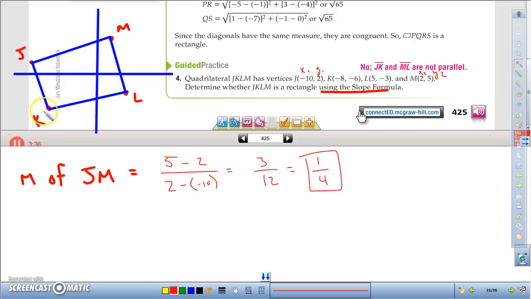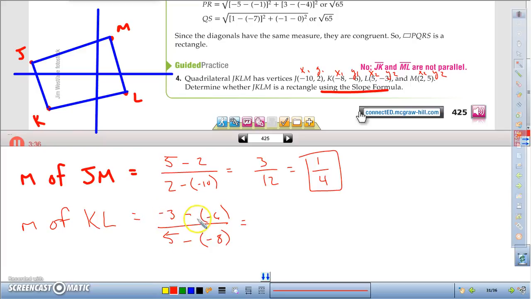And then I want to find and compare the slope of KL to the slope of JM. So now coming back up here, I've got x1, y1, x2, y2, and plug into the slope formula. We've got -3 minus -6 divided by 5 minus -8.